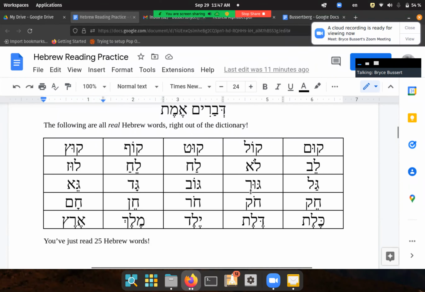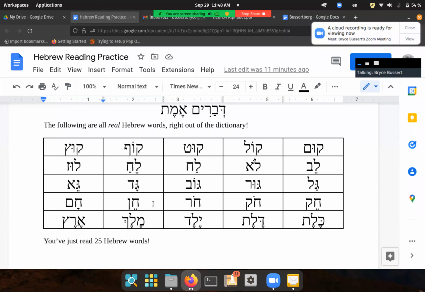This here back was Gur. This is a Reish. You can see the difference in those two. Then we have Gay. All right, starting the fourth row, we get Hake. Followed by Hulk. Then we have Hor.